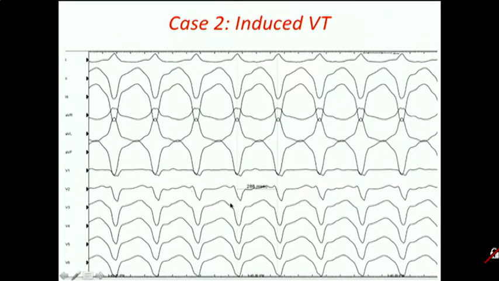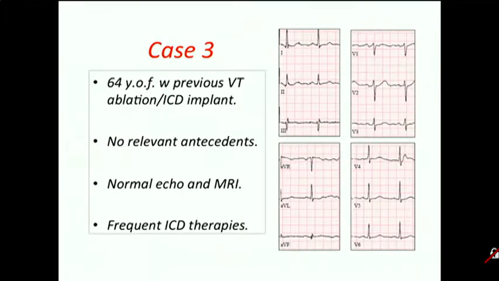As you can see, the V1 morphology is left branch block with negative concordance, with no transition, and once again, the upper left axis. If you see D2, D3 and aVF, it is totally negative, such as QS, and the pattern is very similar to the previous case.